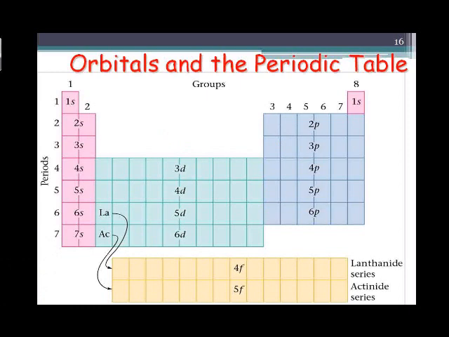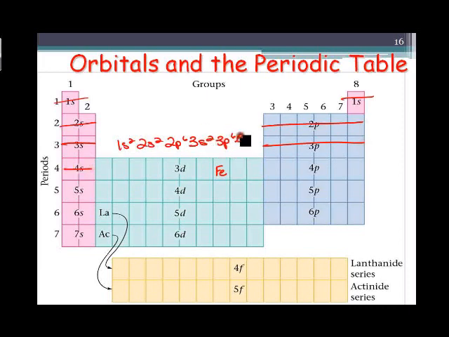If we wanted to pick the electron configuration for iron, we completely go through the 1s block, so 1s2, through the 2s block, 2s2, all 6 elements in the 2p block, 2p6, 3s2, 3p6, 4s2, and notice we're in the 3d block.